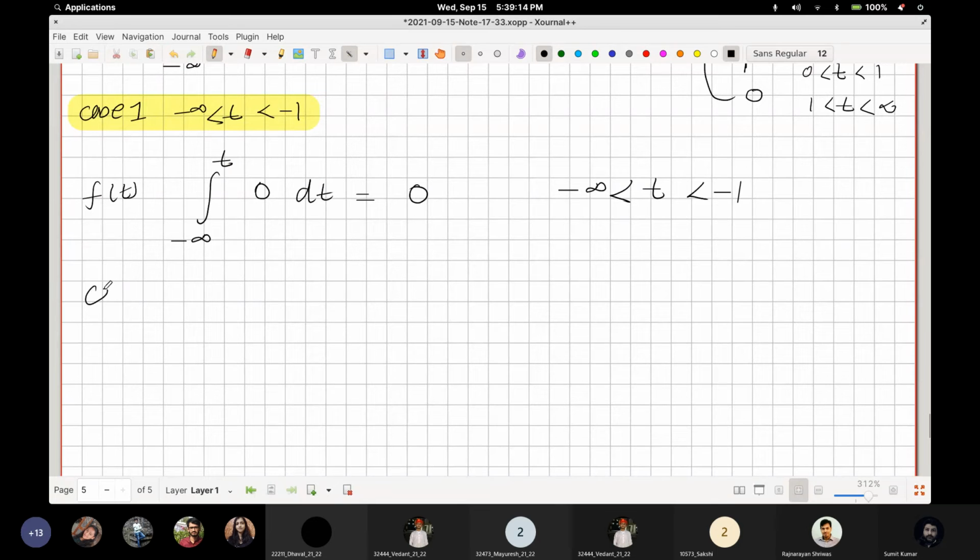Now case 2, when t is between minus 1 to 0.